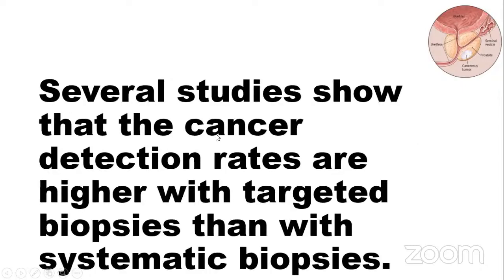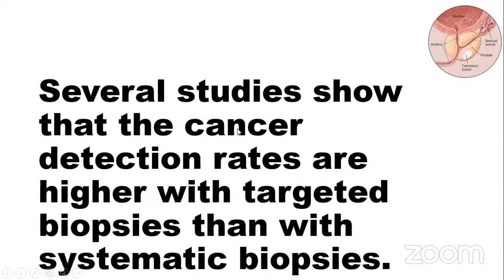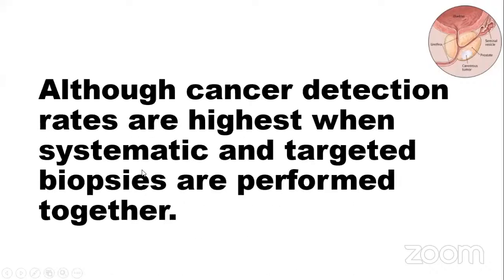Several studies show that the cancer detection rates are higher with the targeted biopsy than with systematic biopsy. Also, cancer detection rates are highest when systematic and targeted biopsy are performed together.